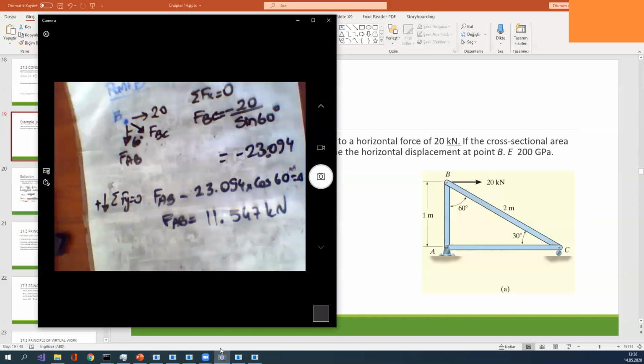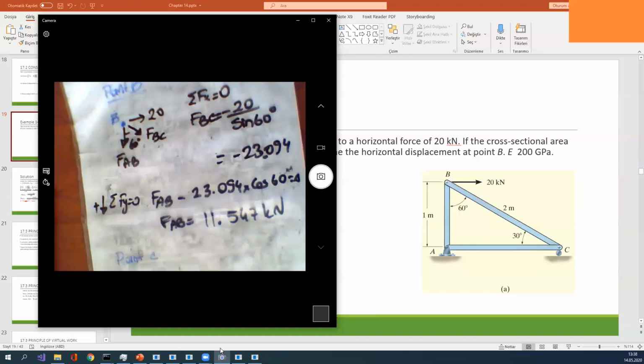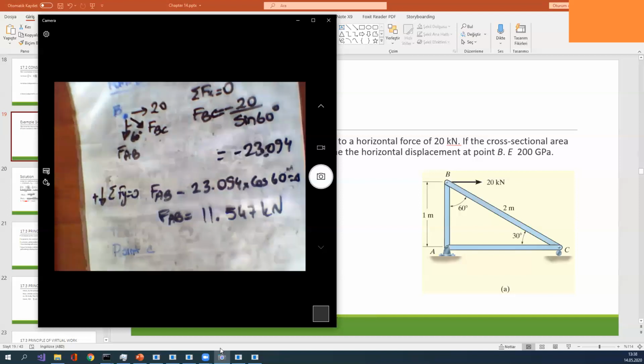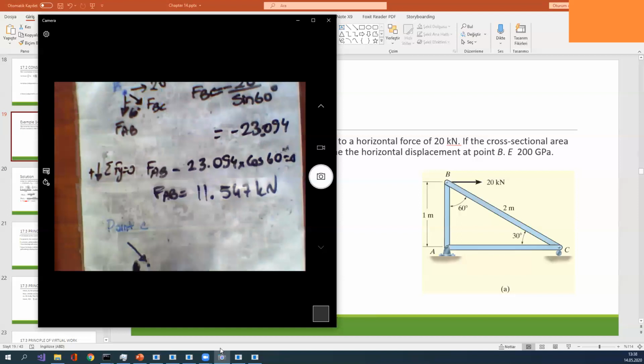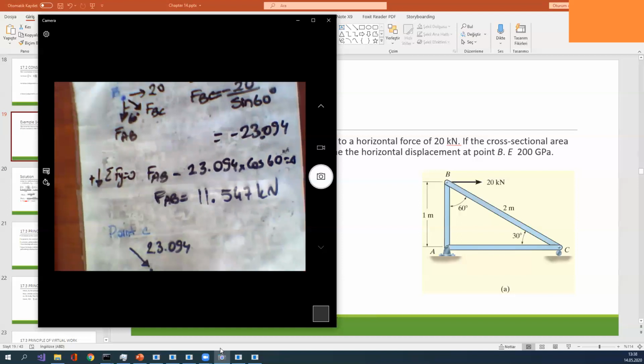Also, I want to continue to point C. Yes, point C here. This is compression, therefore I need to change the direction like this. On point C, FBC is equal to 23.094, with a support reaction, and we also have a force FAC. Also, this angle is 30 degrees.